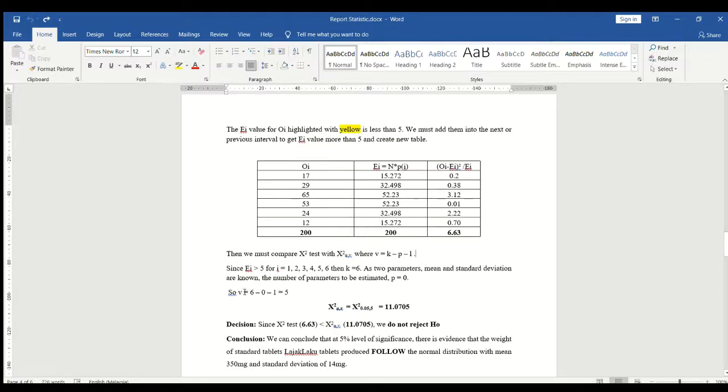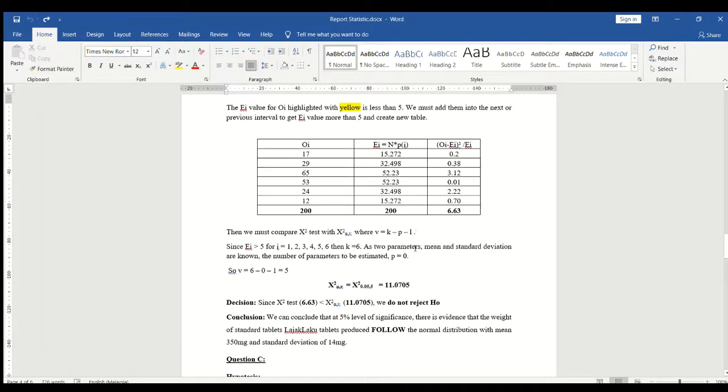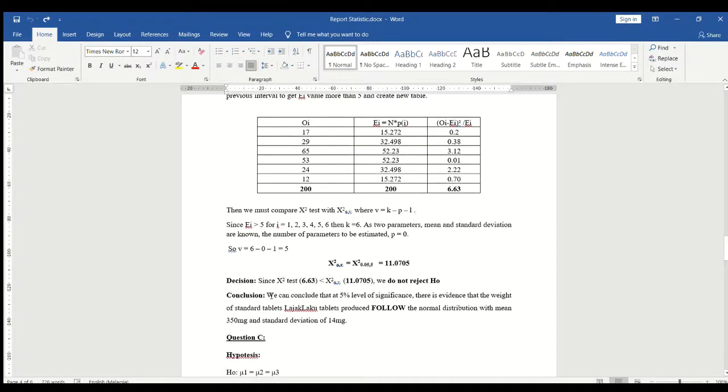So v equals 6 minus 0 minus 1, so you get 5. So chi-squared alpha, v following the statistics table equals 11.0705. Since chi-squared test 6.63 is less than chi-squared alpha, v, H naught is not rejected, meaning the data tallies with the standard deviation and the mean.